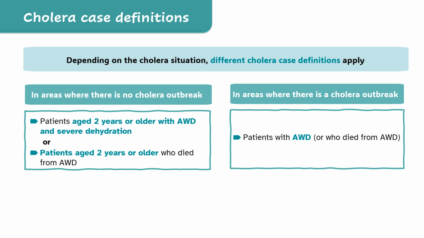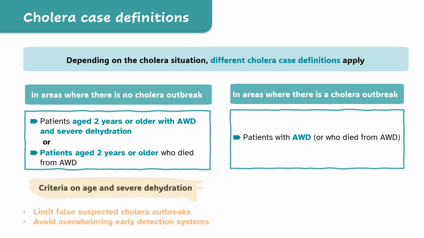In geographic areas where there is an ongoing cholera outbreak, suspected cholera cases are any patients with AWD or who died from AWD. The key difference between these case definitions is that in geographic areas where there is no ongoing cholera outbreak, age and severe dehydration are taken into account to identify patients with suspected cholera. These criteria limit the number of false suspected cholera outbreaks.